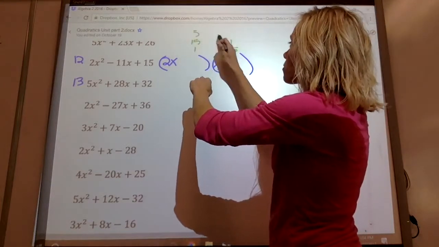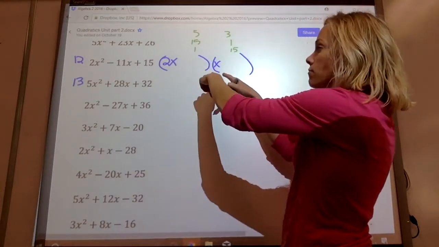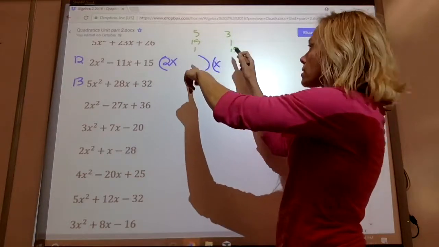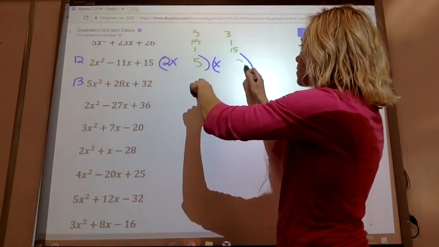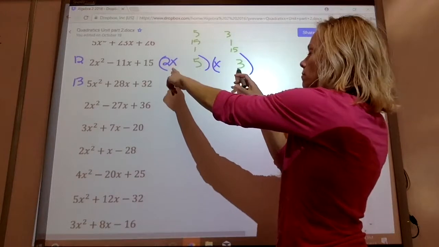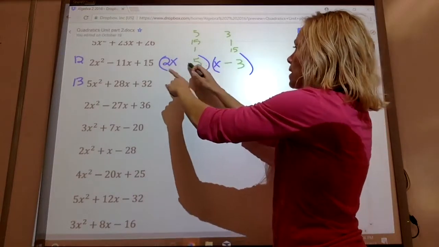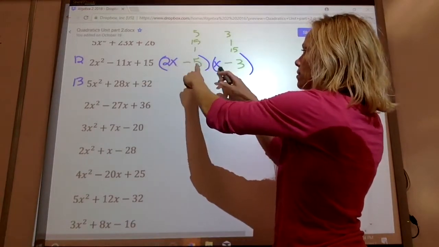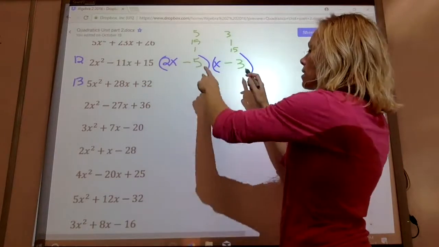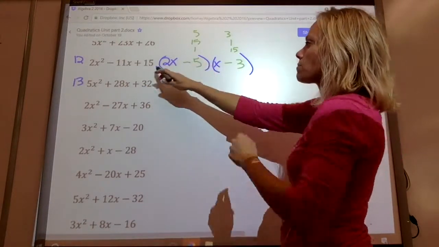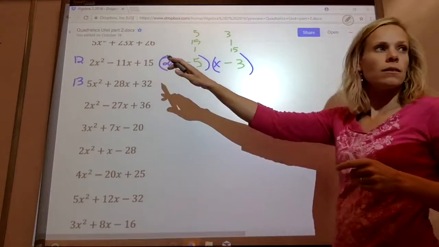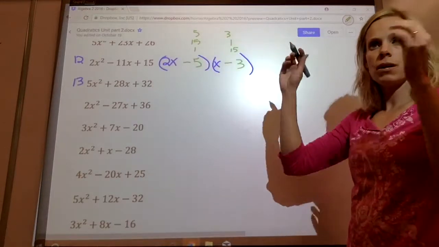So then I try 5 and 3, that'd be 6 and 5. Oh, there it is. 6 and 5, I can get 11. Because negative 6 and negative 5, outer, inner, gives me negative 11. And negative 5 times negative 3 gives me positive 15. Okay. So that's mental math.